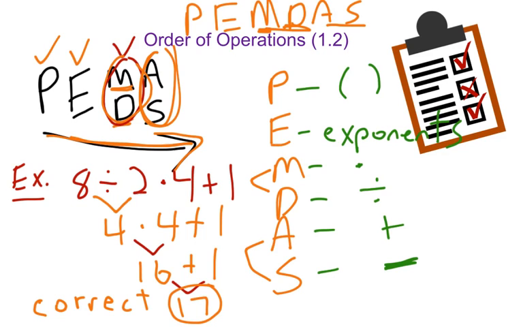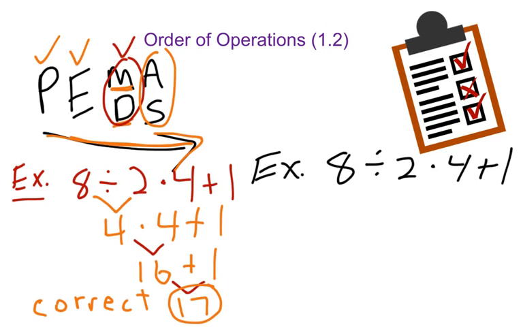But let's say that you messed it up and you did multiply before divide. So let's go through the steps one more time here, and let's say, do we have any parentheses? No. Do we have any exponents? No. And let's say that you screwed this up and you did multiply first. So again, this is the wrong way to do it. So I'm going to put wrong at the bottom.